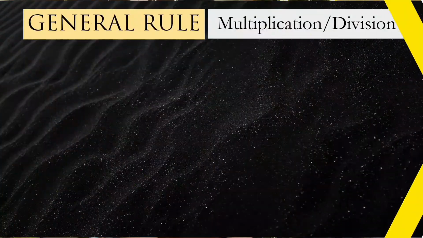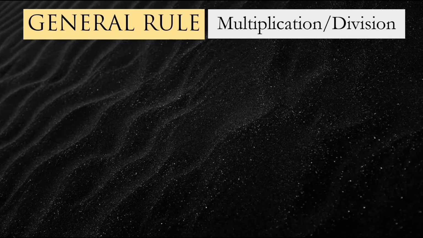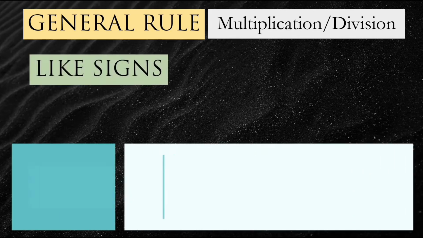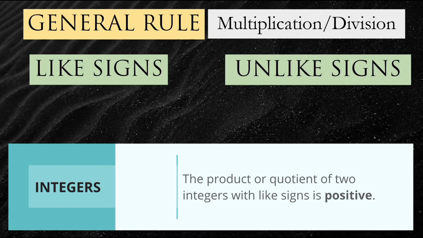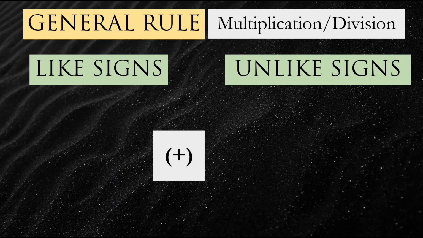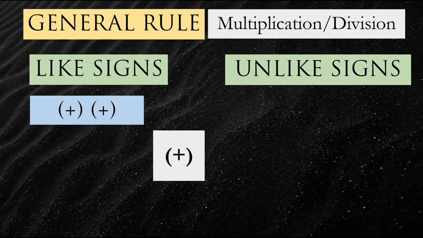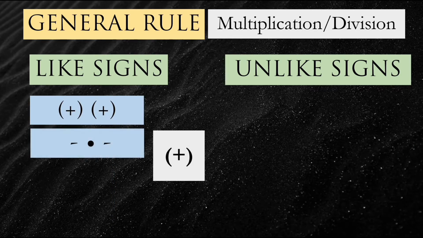So guys, for multiplication and division, just remember these rules. Our general rule has like signs and unlike signs. For like signs, whenever you multiply or divide, the answer is always positive. For example, positive times positive is positive, negative times negative is positive.